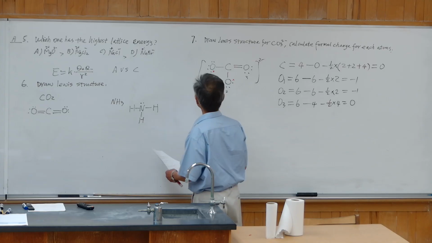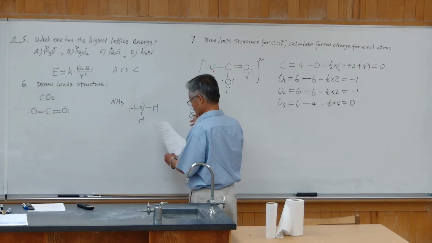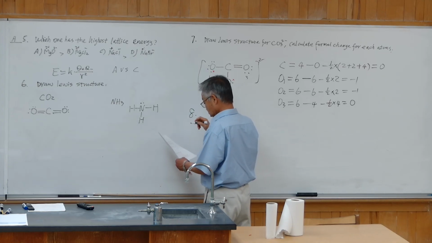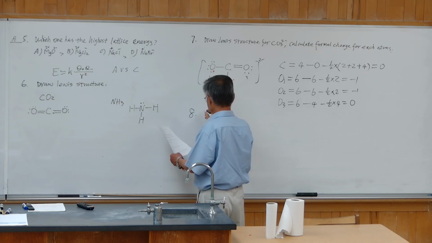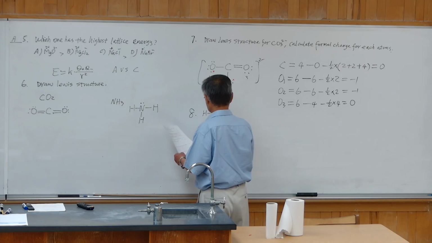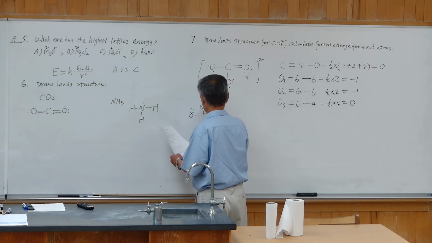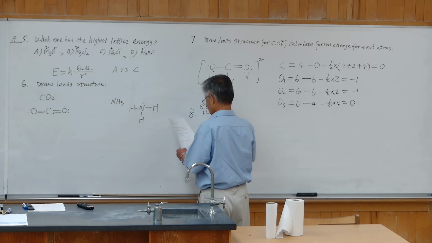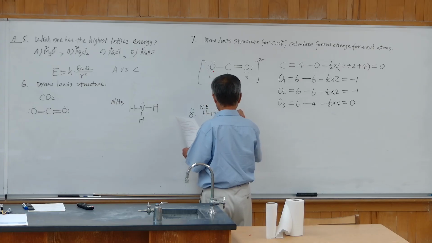Okay. Question 8. Give me the bond energies. Hydrogen-hydrogen bond: 436 kilojoules per mole.